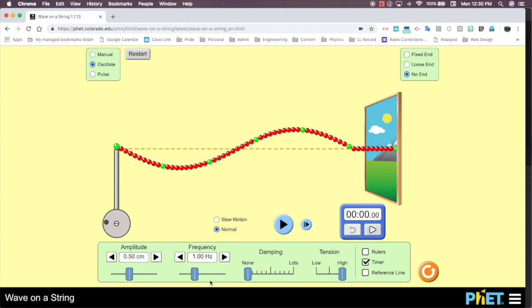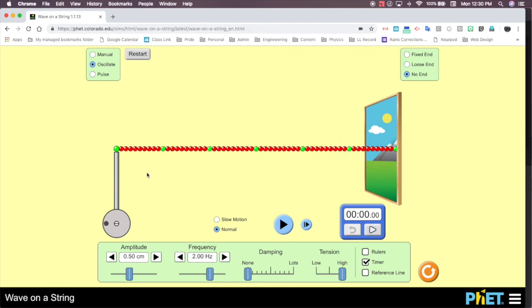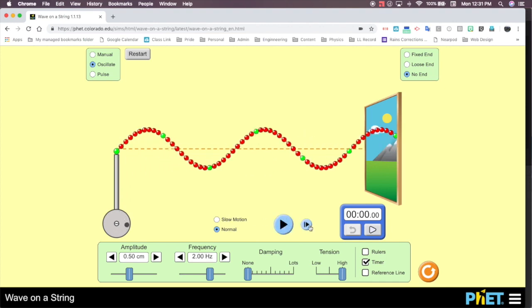The frequency is 1. But if I change this frequency to 2 and then reset it, restart, push play. Okay, notice. This guy here comes down.